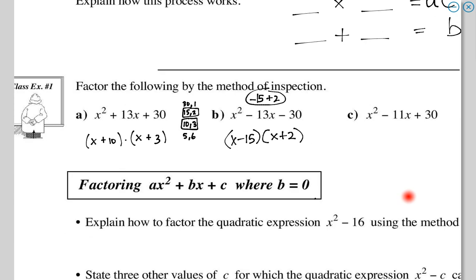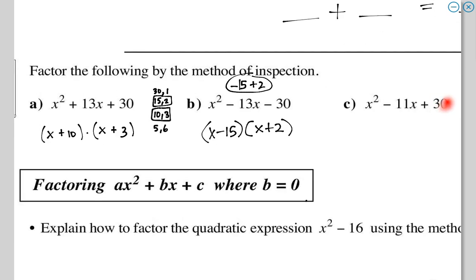And then one more, with the same 30, so it's the same factors. I wonder which one's going to work now. Yeah, now it's 5 and 6, but they have to go to a negative sum and a positive product.